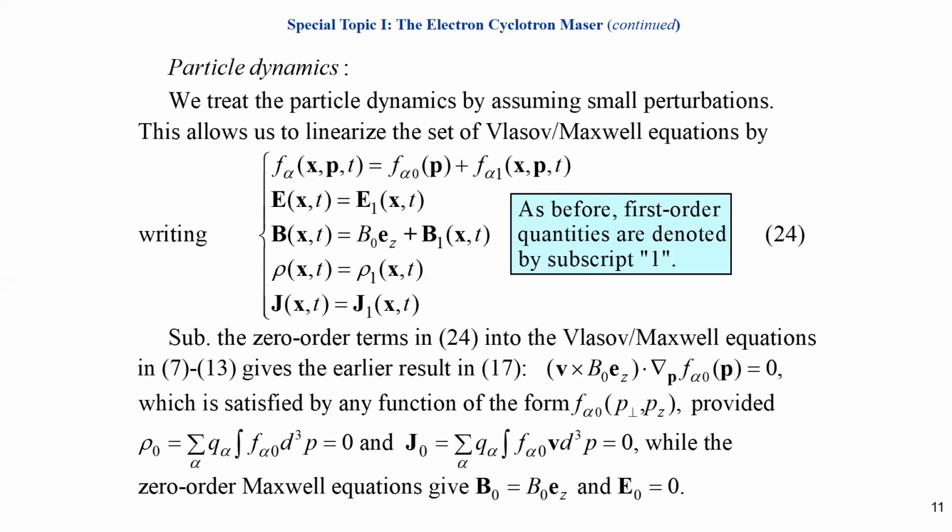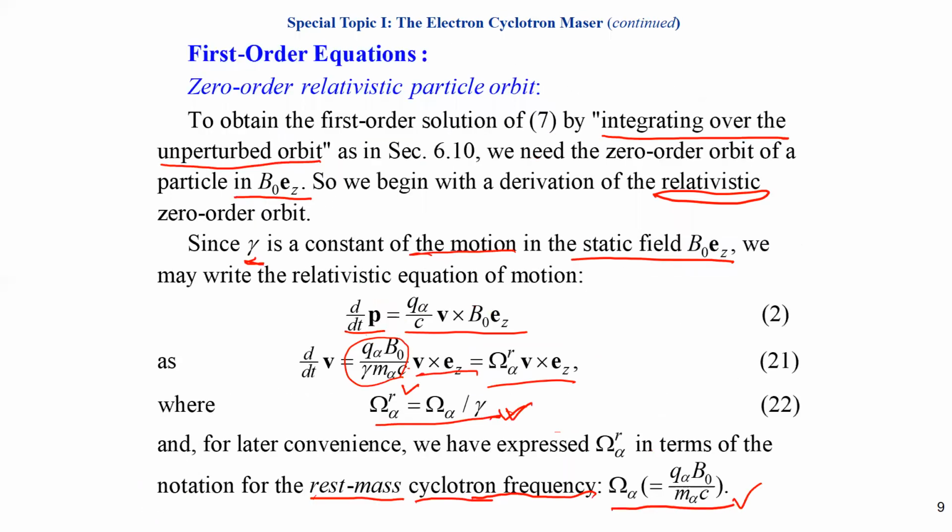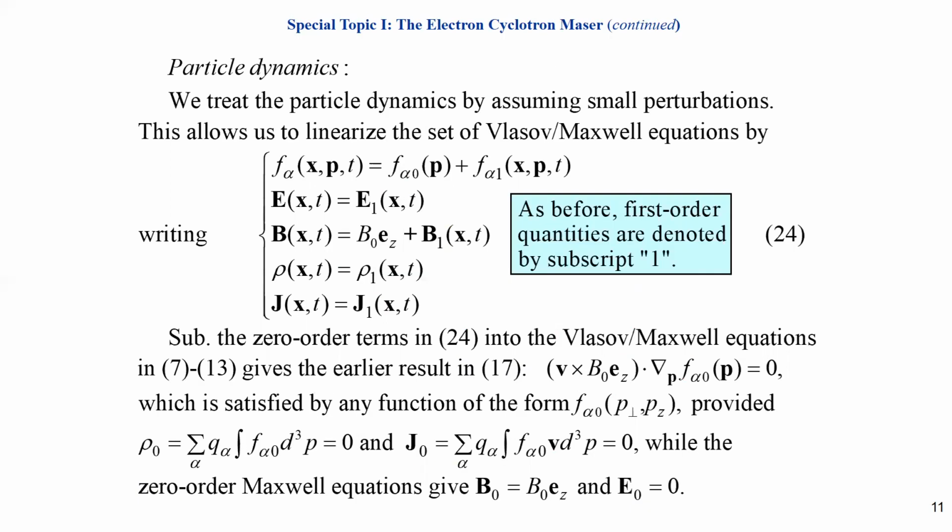Then we have the zero order relativistic particle orbit, and we should write the first order particle dynamics. So we will consider force. We treat the particle dynamics by assuming small perturbed quantities.